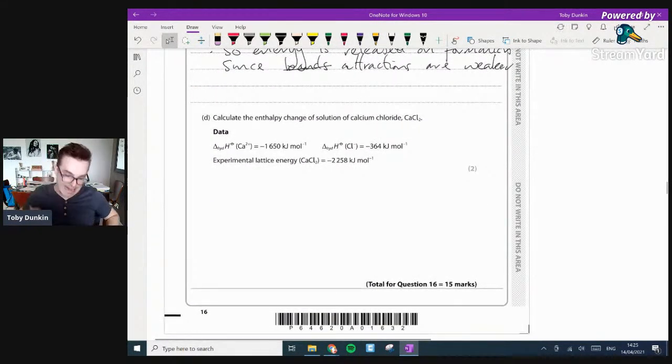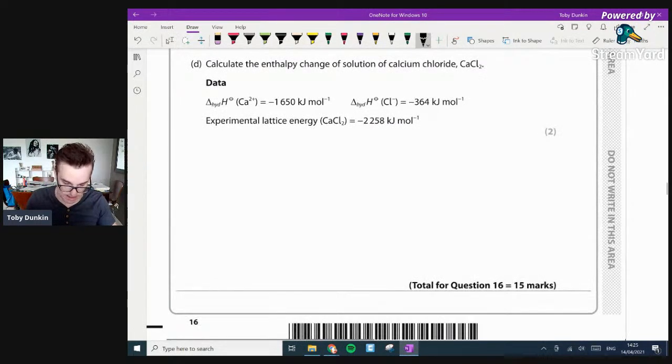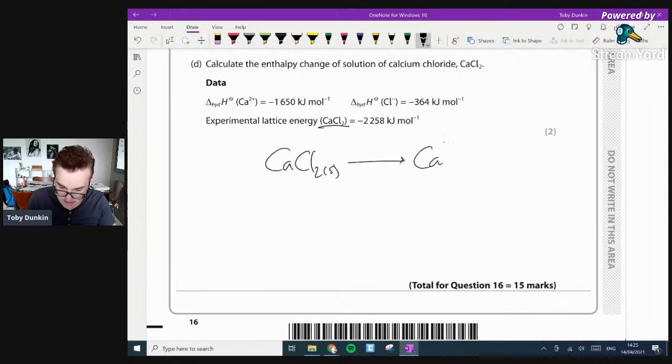Okay, next. Calculate the enthalpy change of solution. Oh, I love these. Now, this question in the January paper put me in a really stupid Hess cycle picture. I'm now going to show you how I like to do these. So you literally say calcium chloride, CaCl2 as a solid, going to Ca2+ aqueous, plus 2Cl minus aqueous, and don't forget to balance. And you never label that arrow.